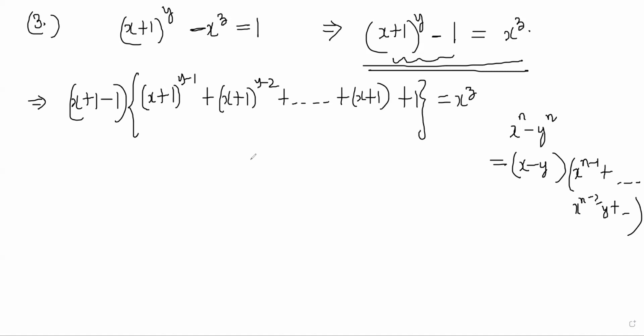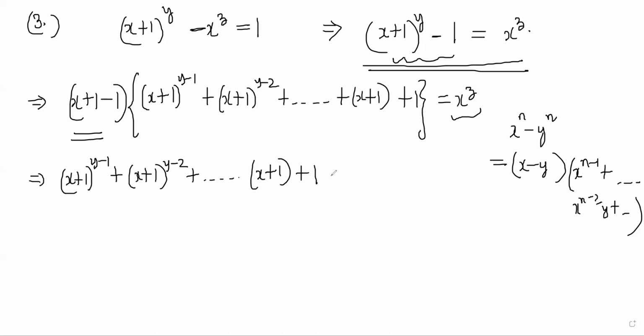Now think about it. This term is equal to x, so we can cancel one factor here. So we get basically (x+1)^(y-1) + (x+1)^(y-2) and so on till (x+1) + 1 is equal to x^(z-1), right?